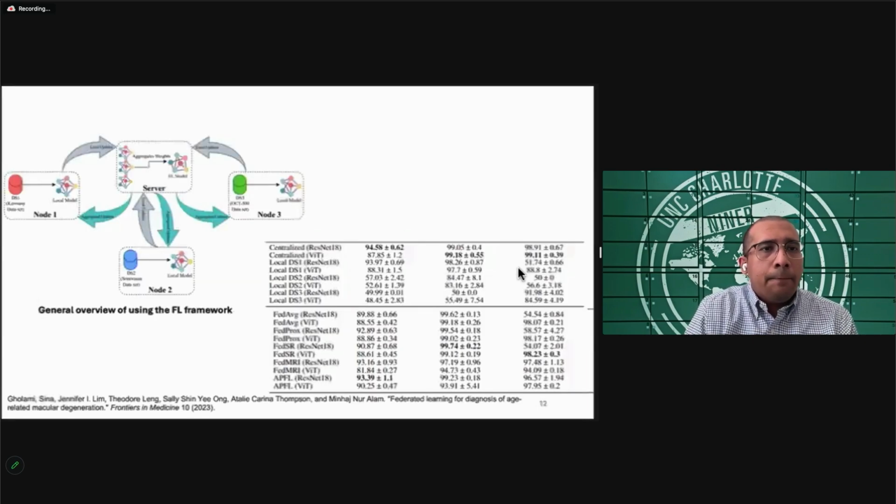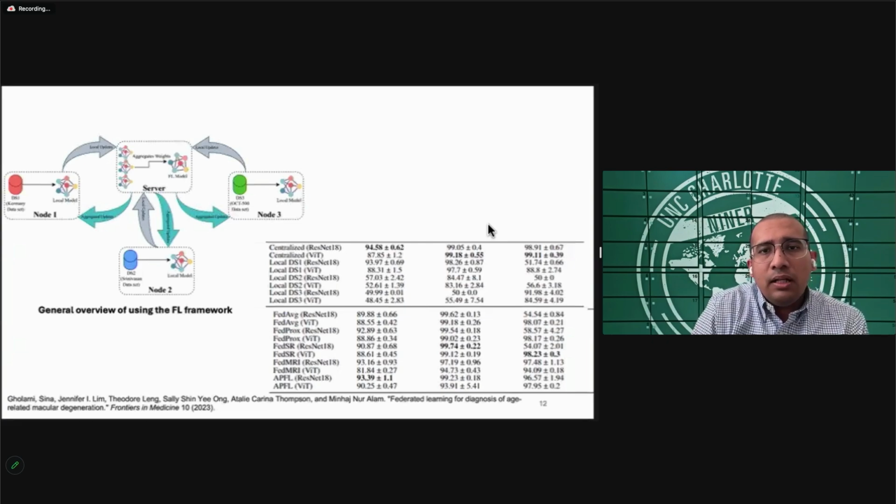So we did use Flower as our framework, and the general framework is probably known to most of you. We treated each of the data sets as a separate node, and then there was a local model that was trained on the local data set, and the parameters were updated and aggregated globally, and those parameters were shared to the local data sets.